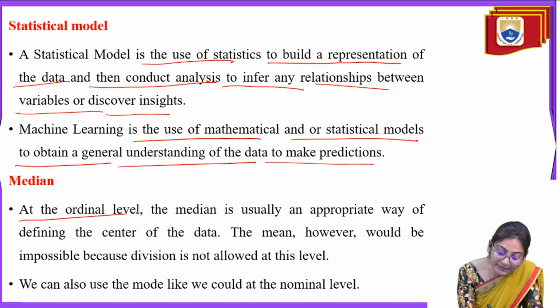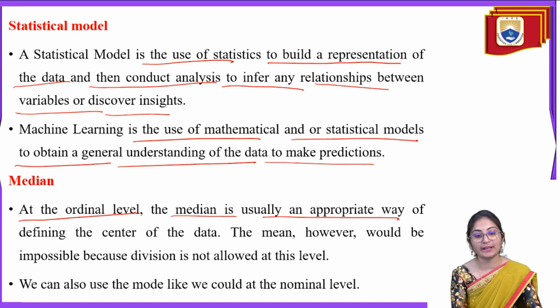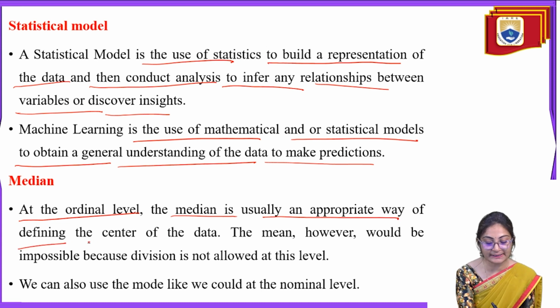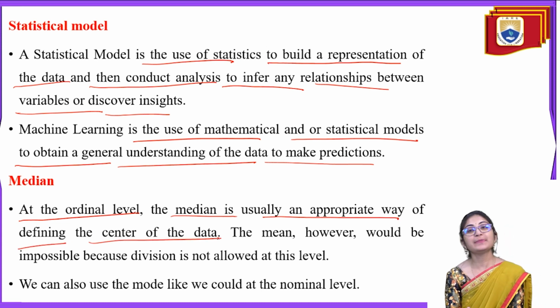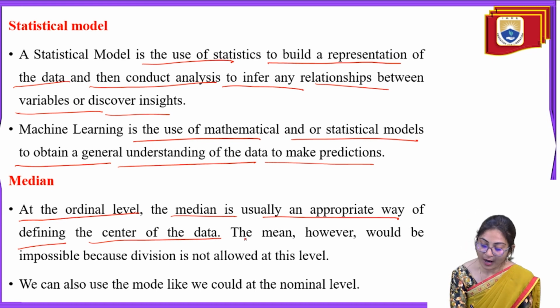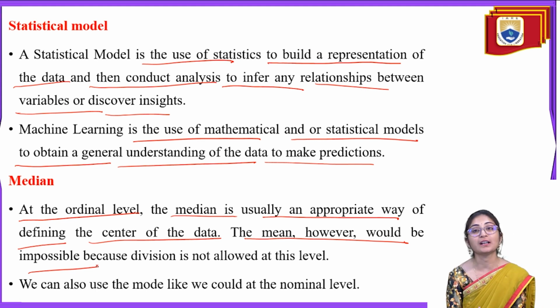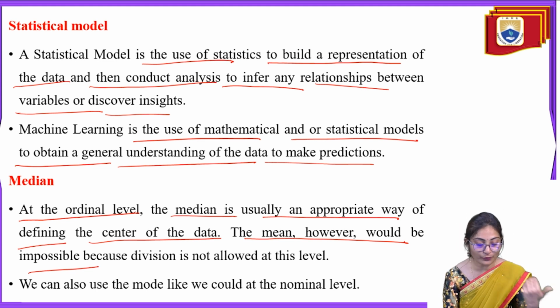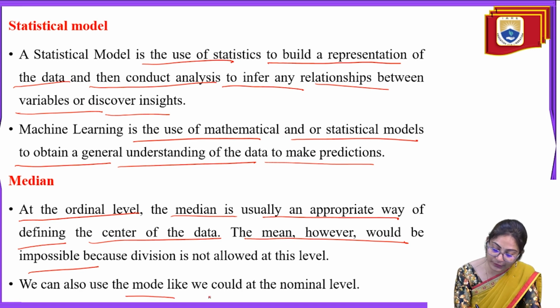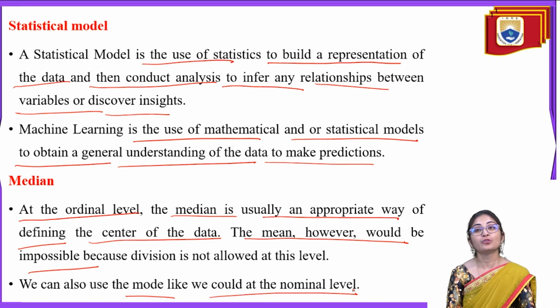At the ordinal level, the median is usually the appropriate way of defining the center of the data. Median is the center of the data, and the mean would be impossible because division is not allowed at this level. So we can also use the mode like we could at the nominal level.